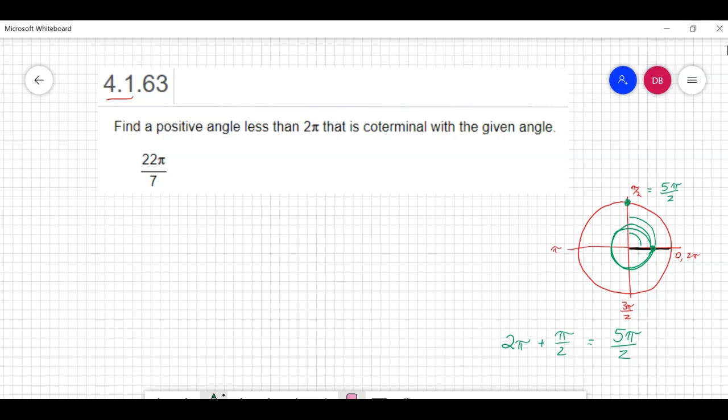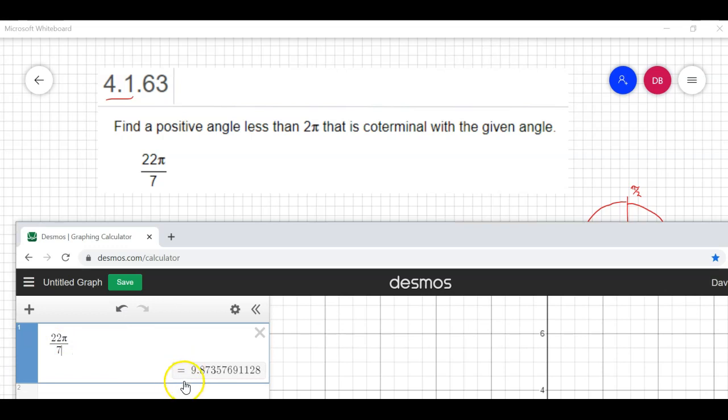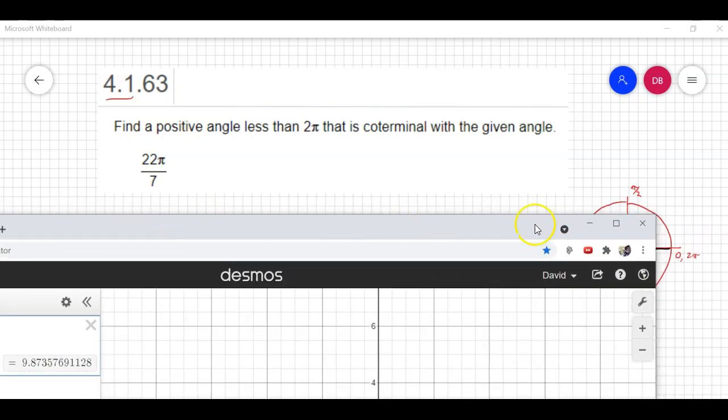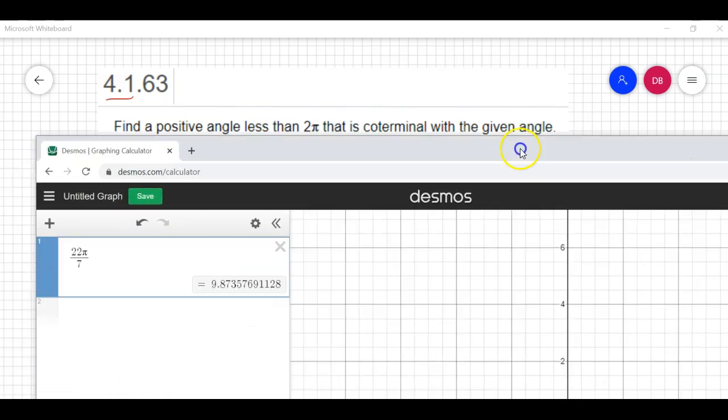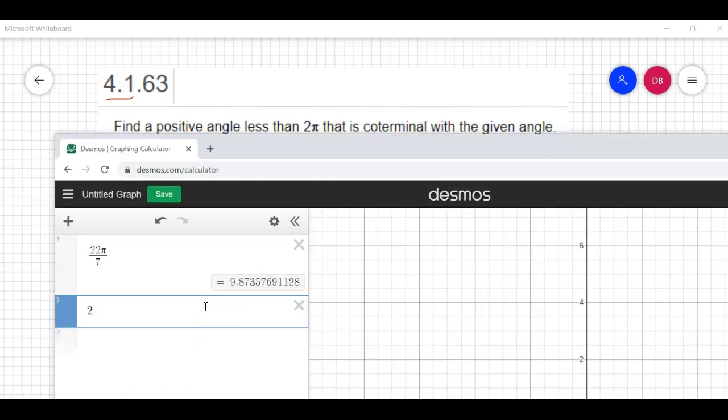Okay, so what we're given here is 22 pi over 7. If you calculate it on a calculator, the radian measure is about 9.8. Well, what is that coterminal with? 2 pi is 6.23.